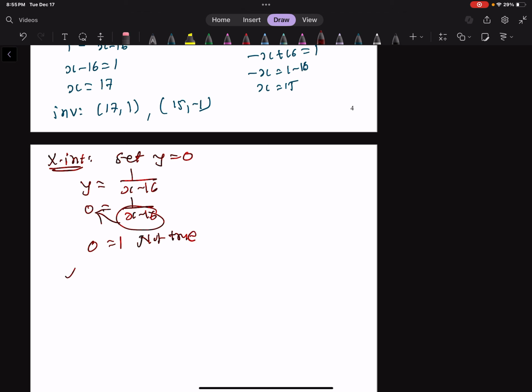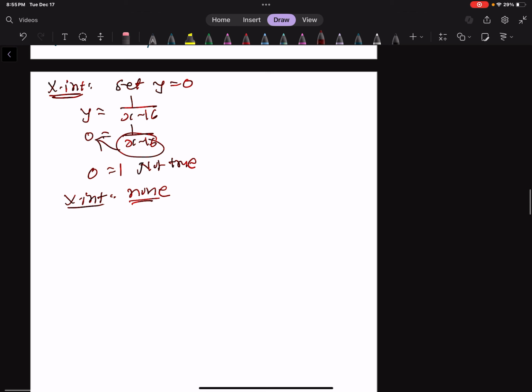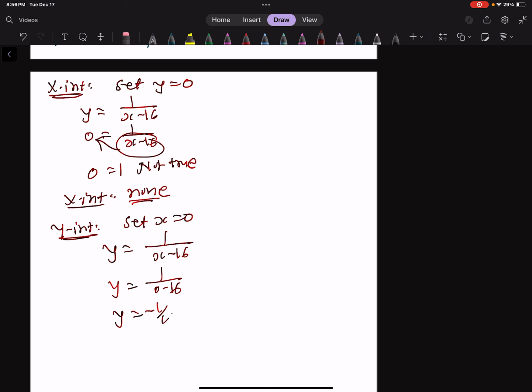So the x-intercept is none, because the x-axis is the horizontal asymptote, meaning the graph never crosses the x-axis. To find the y-intercept, set x equal to 0 in the reciprocal function. So y equals 1 over 0 minus 16, so y equals negative 1 over 16. The y-intercept is 0, negative 1 over 16.